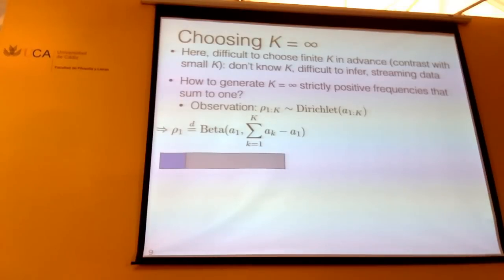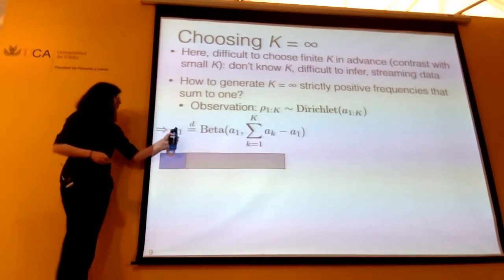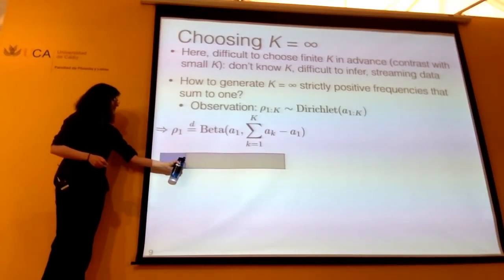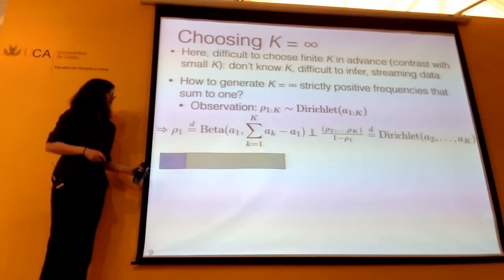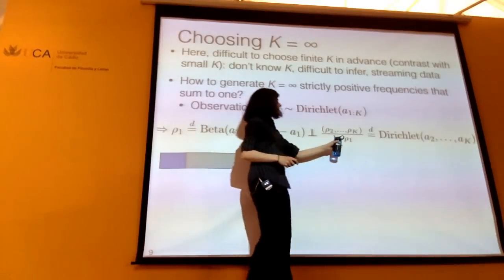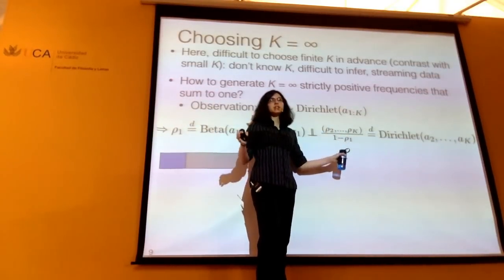Okay, here's another fun fact about Dirichlet distributions. Rho 1, the first probability or frequency in this Dirichlet distribution, is independent of the remaining frequencies when I normalize them back onto the unit interval.